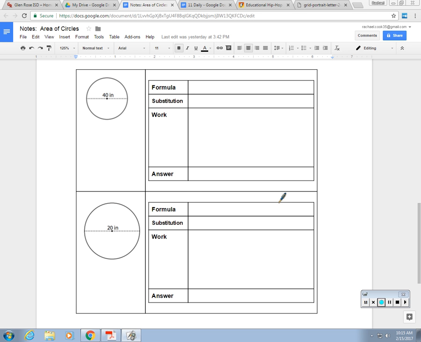Okay, area equals pi r squared. Substitution, area equals 3.14 times 10 squared. What is 10 times 10? 100.